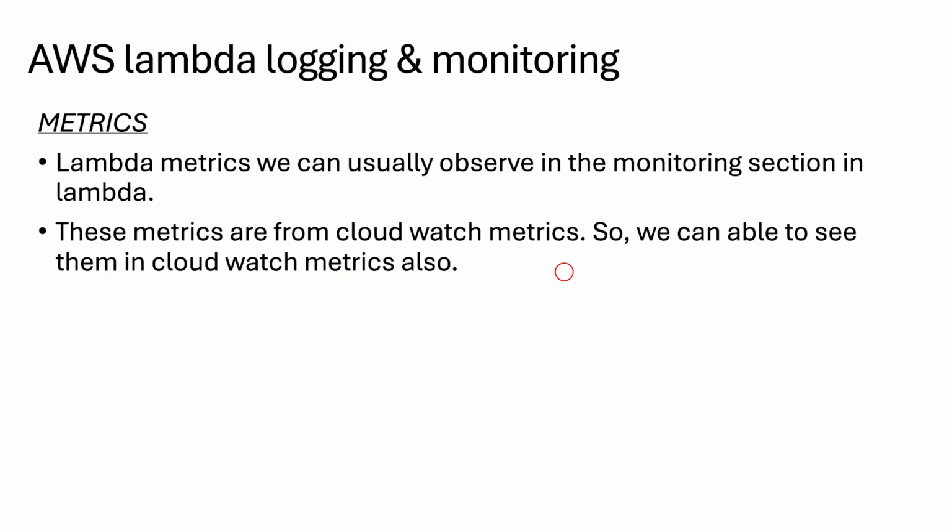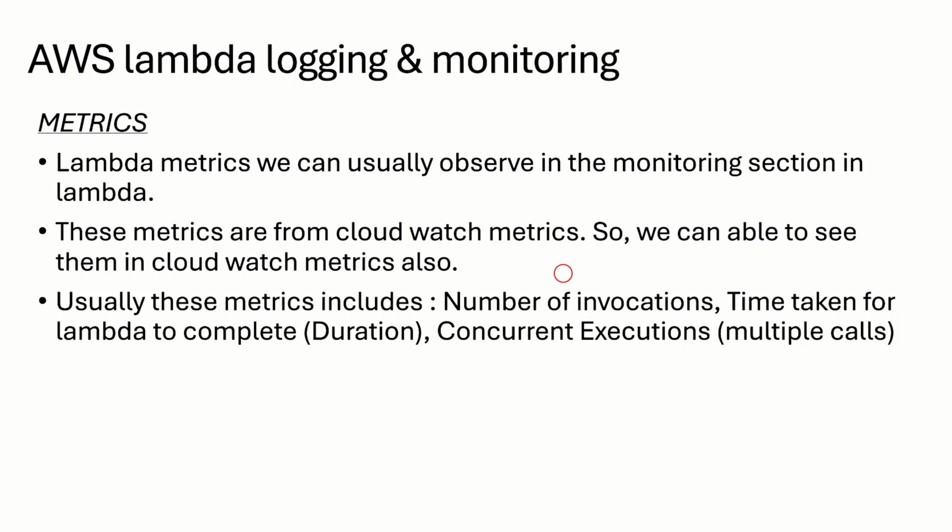What could be included in the metrics are the number of invocations. For example, for a Lambda in a particular 24 hours, how many times it got invoked. Then the time taken for Lambda to complete, how much time it took to process our code, which we usually call duration.